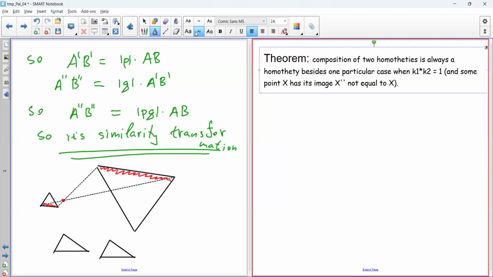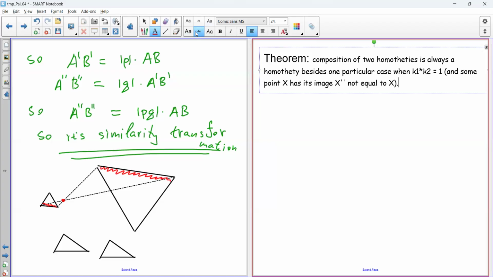So in this situation, if we take some point and we find out that its image does not coincide with this point, then for any other point it will be the same situation. And with this specific property that the product of coefficients equals 1, there will be no homothety.